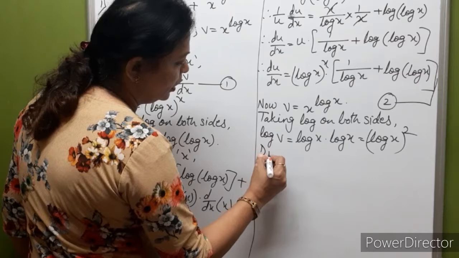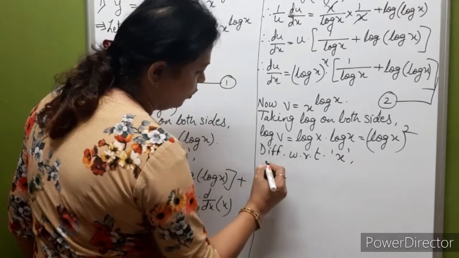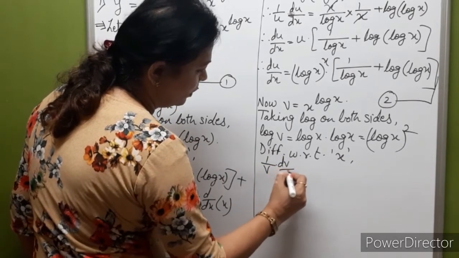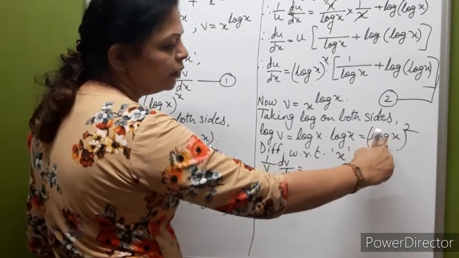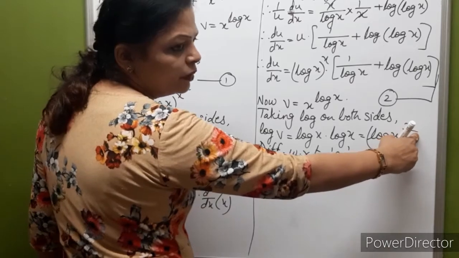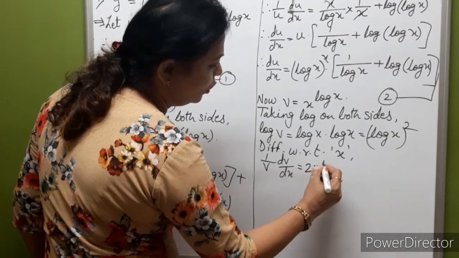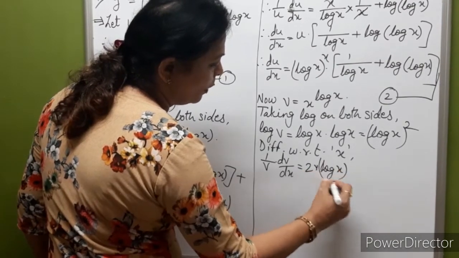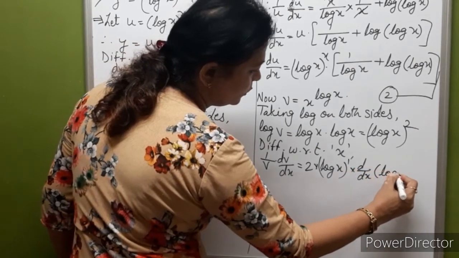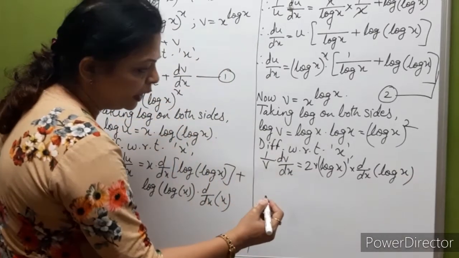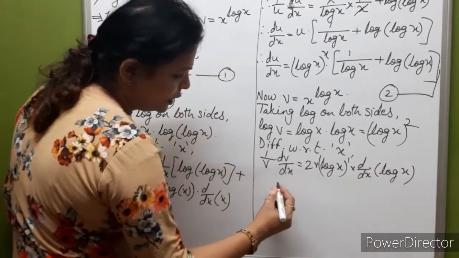Now differentiate with respect to x. 1 upon v into dv by dx is equal to, using the formula for x^n, 2 into log x to the power 2 minus 1, which is 1, into d/dx of log x. So you will get here 2 log x and this is again 1 upon x.